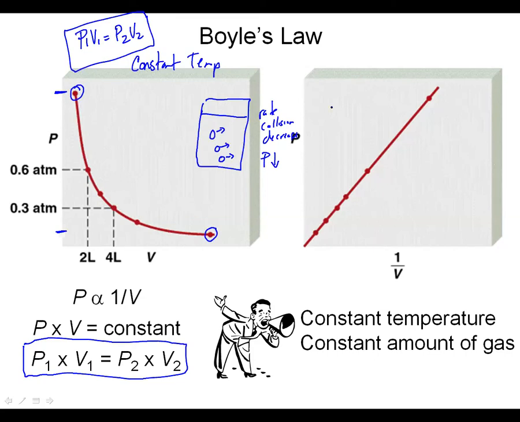As opposed to if I take the same 3 gas molecules and I drop the volume to there, in this particular case, they don't have very much room to fly around, which means the rate of collisions should start to increase. And that means that we should get a higher pressure in that smaller volume. So smaller volume, not a lot of room to fly around. Higher rate of collisions, higher pressure. Larger volume, more room for everybody to move around. It's going to take longer for collisions to occur, and the pressure should go down.